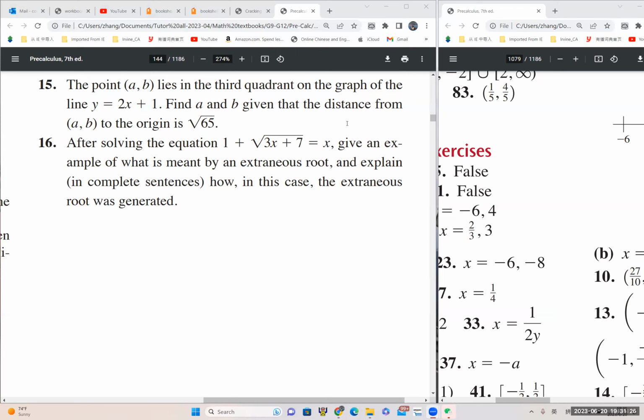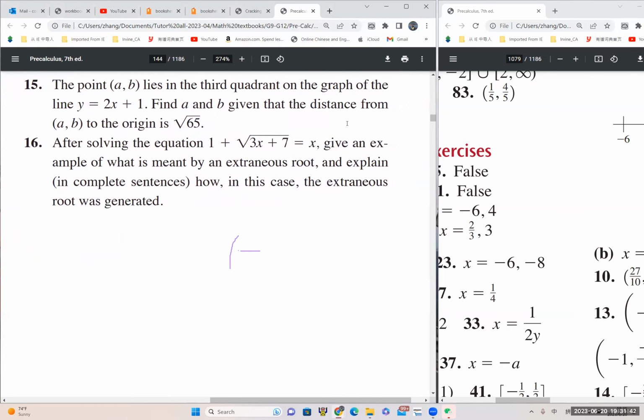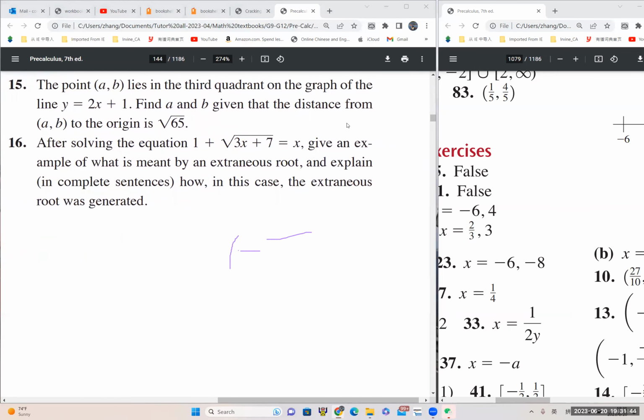You can write your answer first. So let me write, this is the case. It's like this kind of line. Then a point in the third quadrant means it's on this side, right?